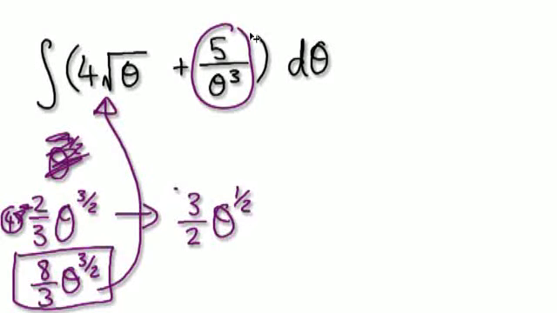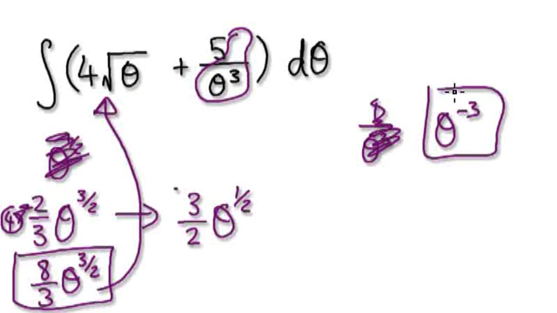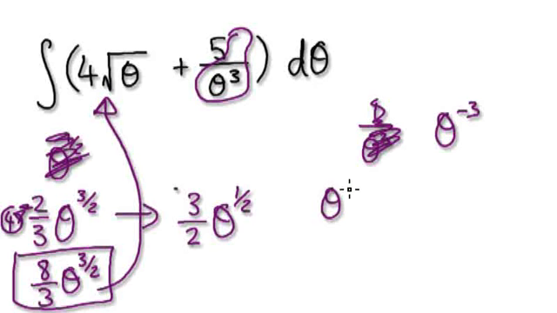Okay. Now looking at this part here, we should zoom into this thing here. This thing here is the same as theta to the power of minus 3. Now, how do we create this thing here? We should guess theta to the power of minus 2.